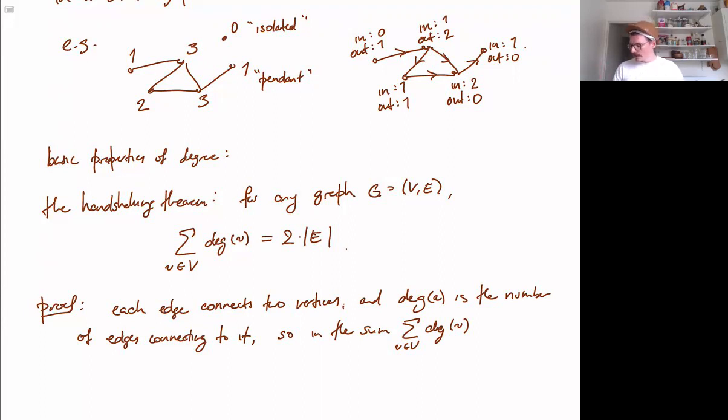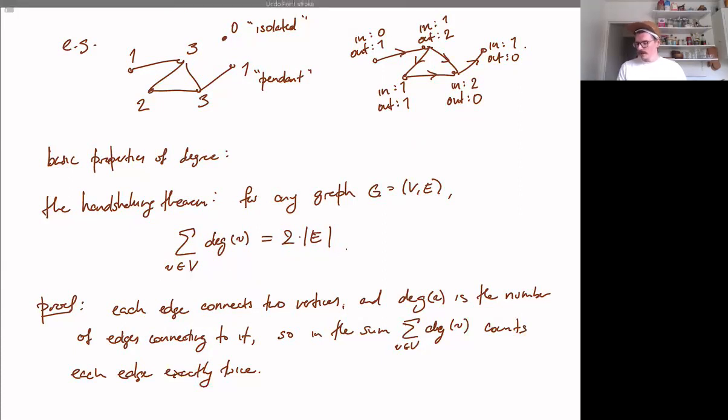And when we add those all together, we have counted each edge exactly twice, because we counted it once for one endpoint and once for the other endpoint. And that's basically the proof. That tells you that the sum is equal to twice the number of edges because the sum counts each edge exactly twice.